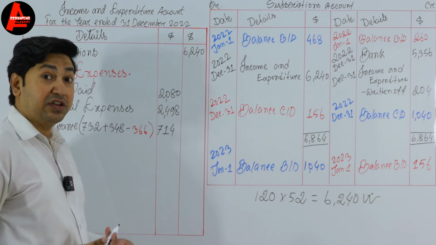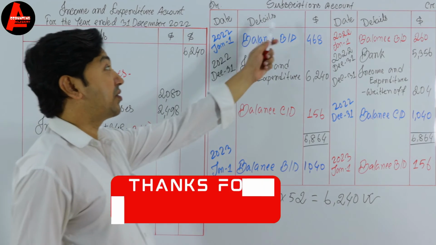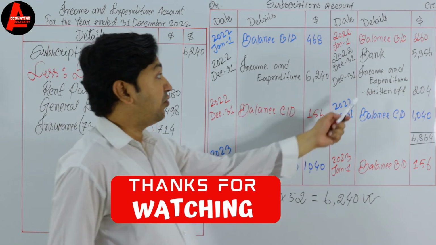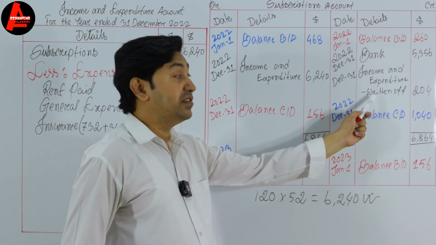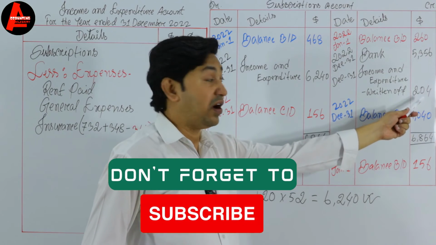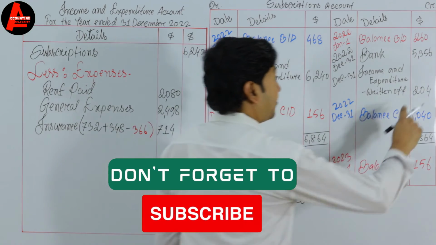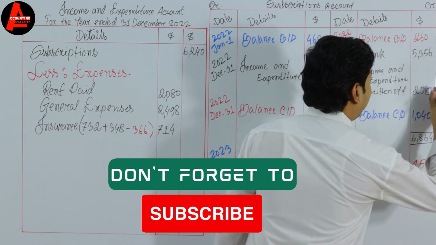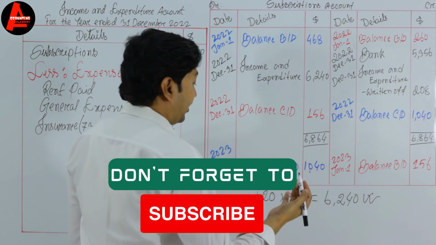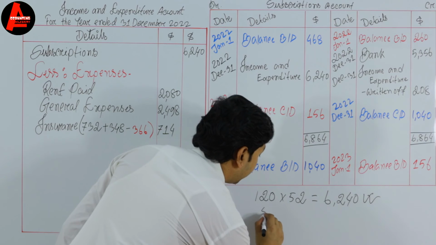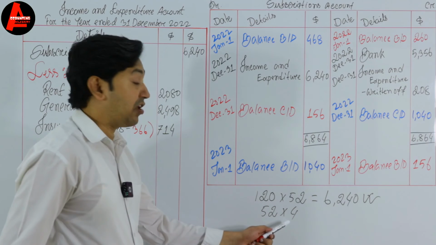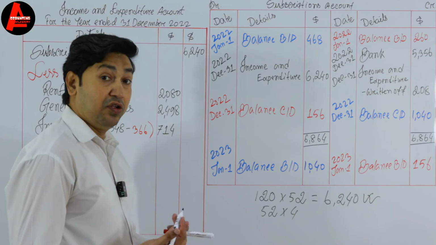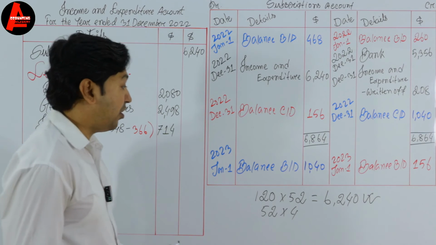So this amount is already taken in the subscription account. Okay, so look at here, we wrote here income and expenditure account written off. What is written off? Subscription written off $208 actually. So how it is $208? So each member pays $52, multiplied by 4 members cannot pay, unable to pay, so this club cannot recover this amount.